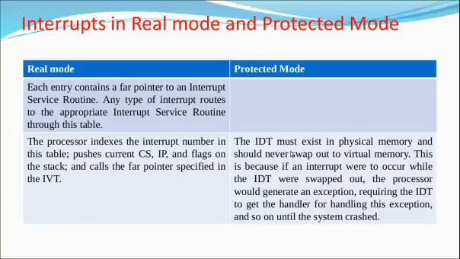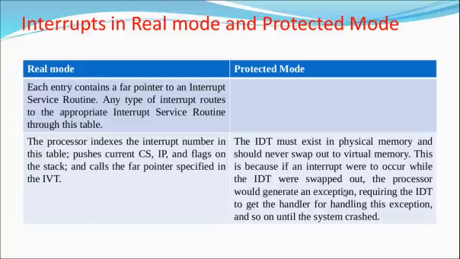Whereas in protected mode, the IDT must exist in physical memory and should never be swapped out to virtual memory. This is because if an interrupt were to occur while the IDT were swapped out, the processor would generate an exception requiring the IDT to get a handler for handling this exception, and so on until the system crashes.